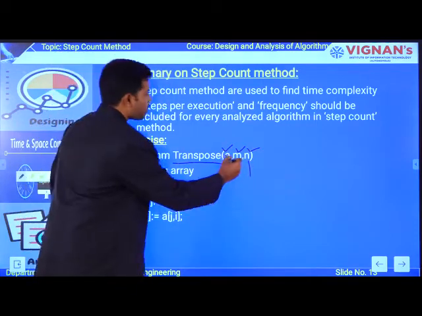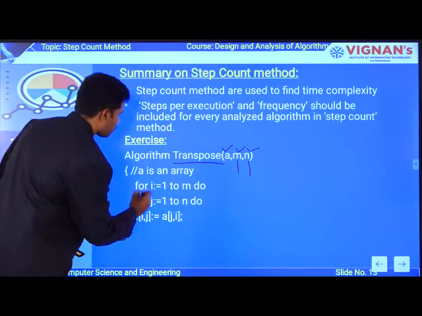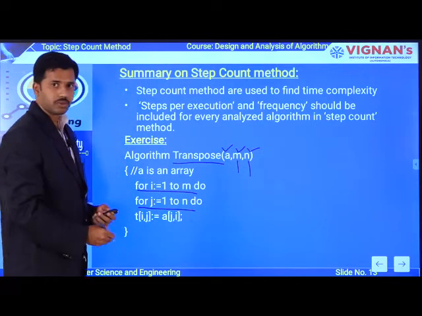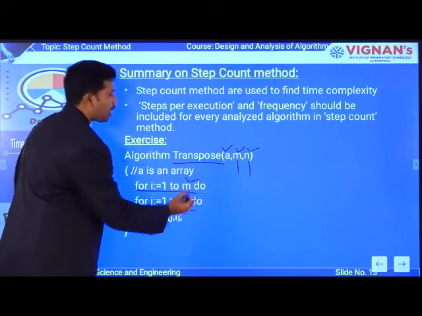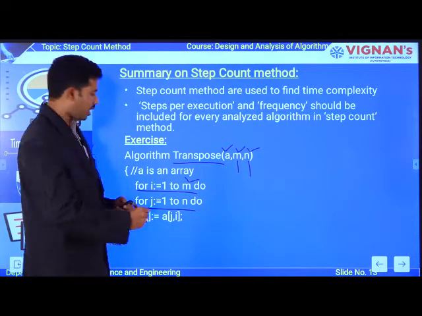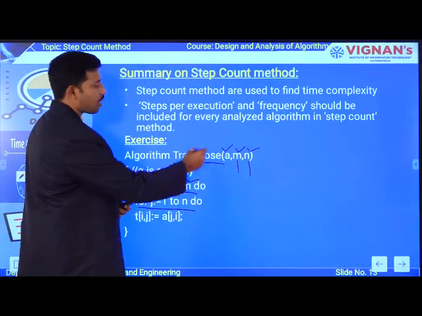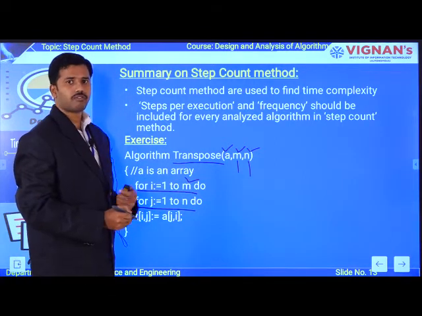To trace the number of columns as well as the number of rows, how many for loops do you need? Two for loops. The first for loop's execution depends upon the number of rows parameter, which is M, and the execution of the inner for loop depends upon the third parameter, which is N, the number of columns.